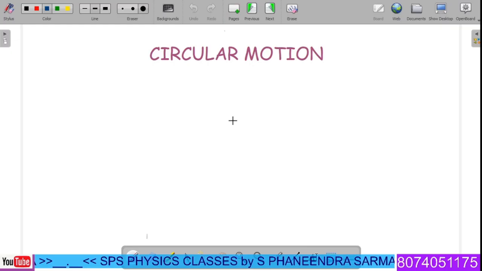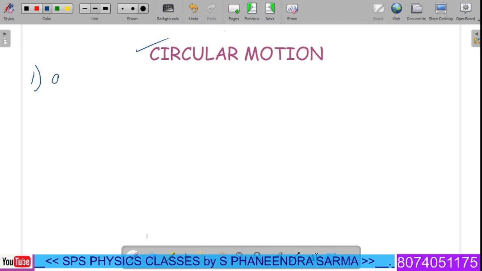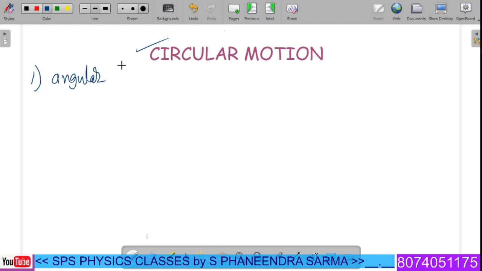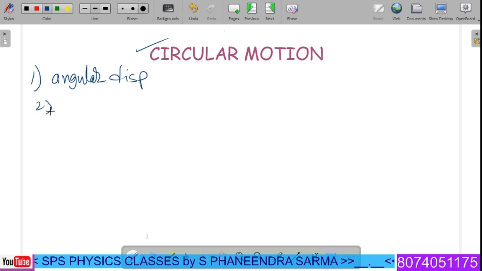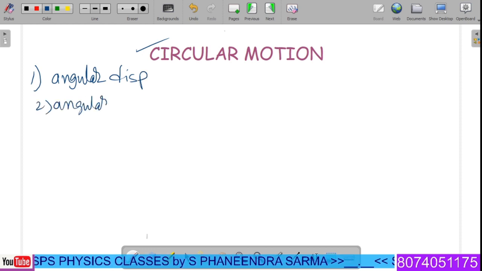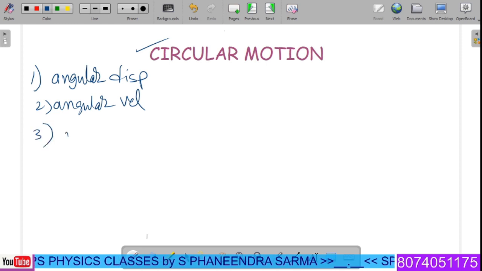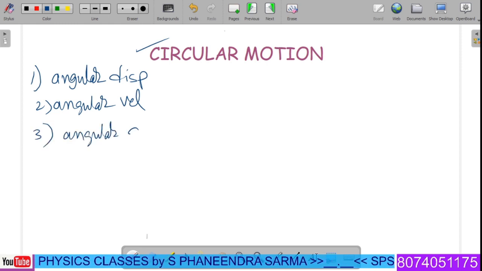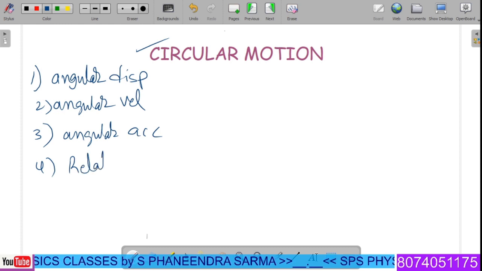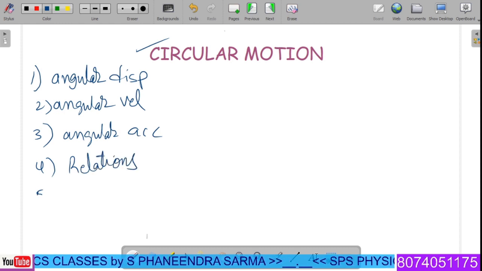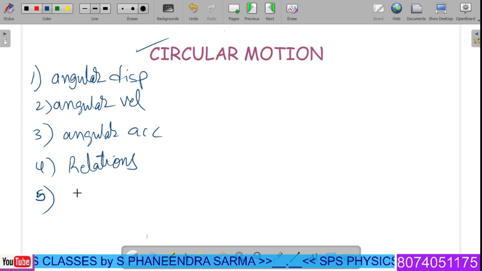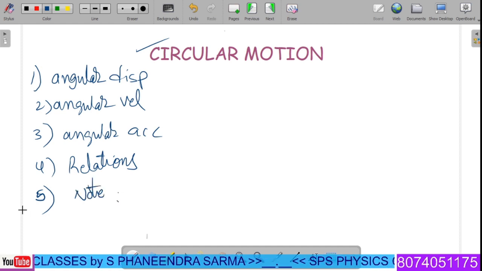Now let us consider the next topic, circular motion in the horizontal plane. The first terms that we need are angular displacement, angular velocity, angular acceleration, relations, and some important notes.